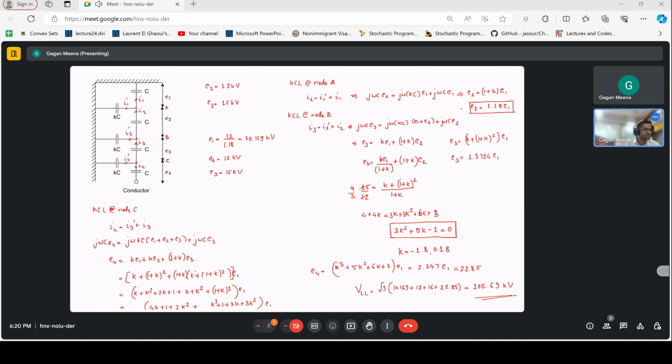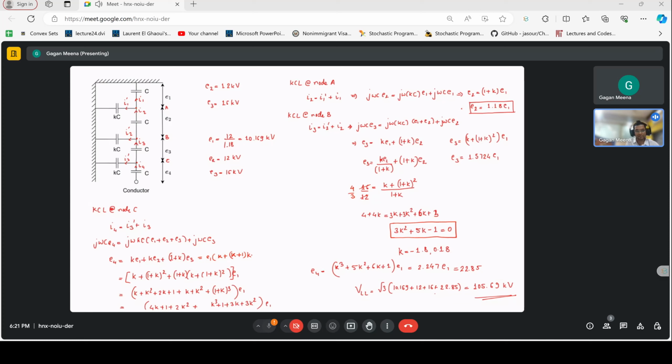There is a mistake here. So it is K, and this is (K plus 1) into K plus (1 plus K) into (K square plus 3K plus 1). So this becomes K plus K square plus K plus K square plus K cube plus 3K plus 3K square plus K plus 1.